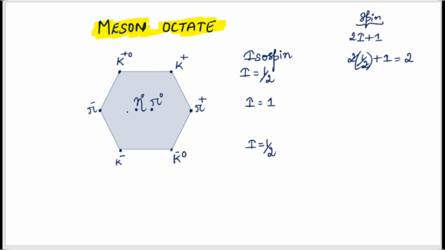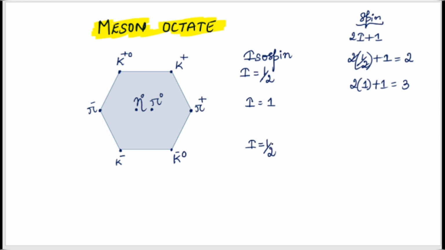Pi 0, pi positive and pi negative, we have 3 particles. If I substitute the I value, that is isospin value, to be equal to 1, it will be 3. You people are getting my words? Yes. Next, again the same thing, K negative and K negative 0, the isospin will be half.